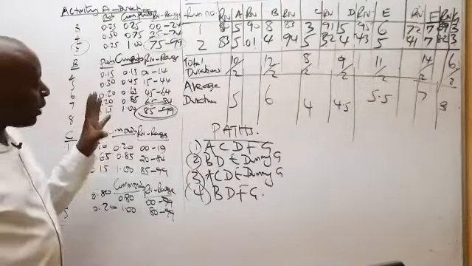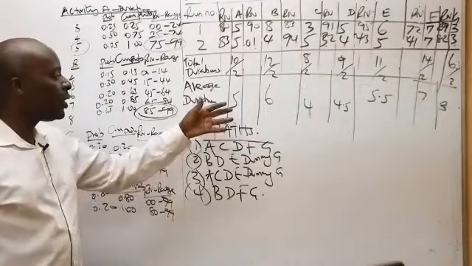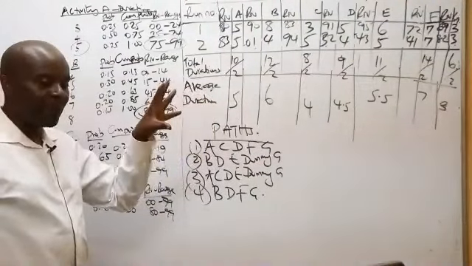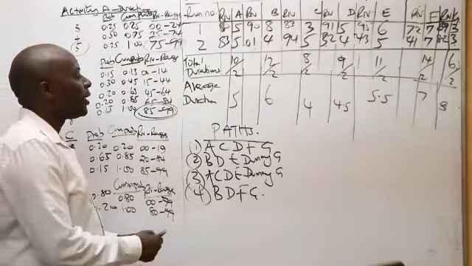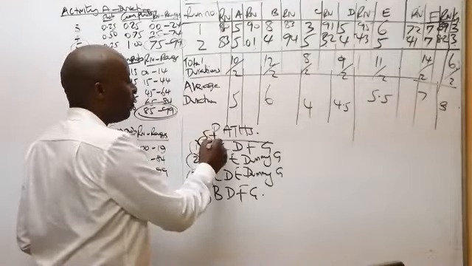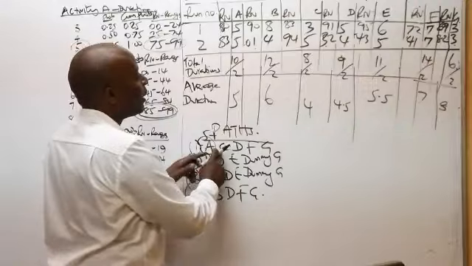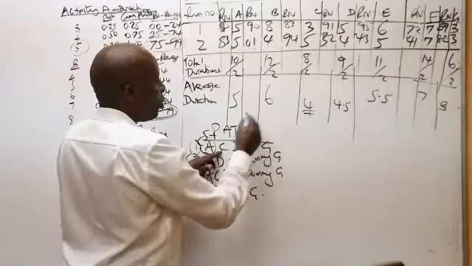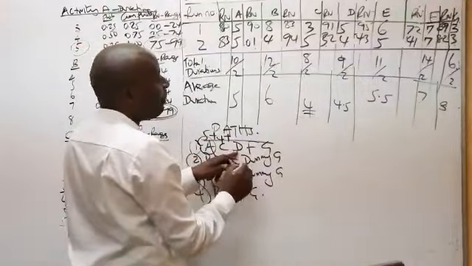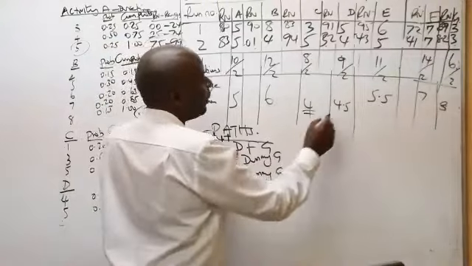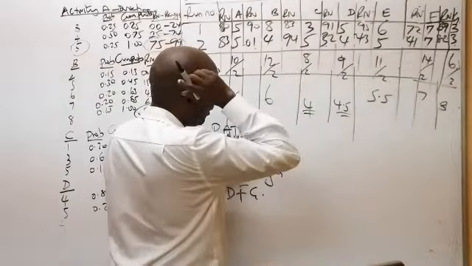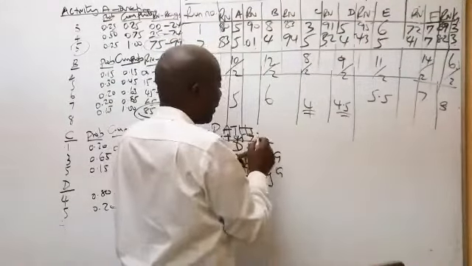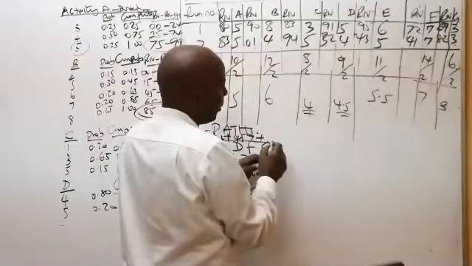Once you have these paths and the average durations, combine them to get the total path duration. Listen: you said A is 5, C is 4, D is 4.5, F's average is 7, and G, the last one, is 3.